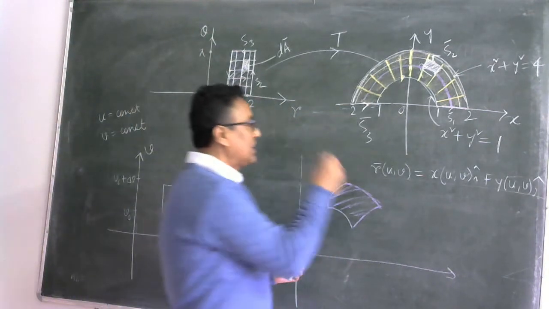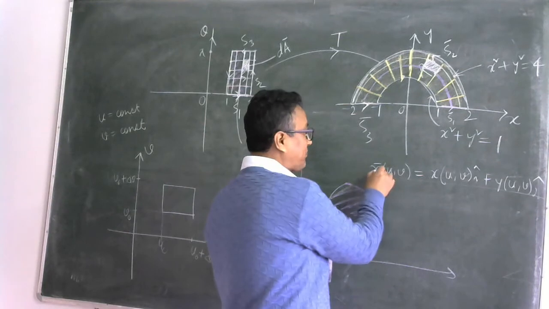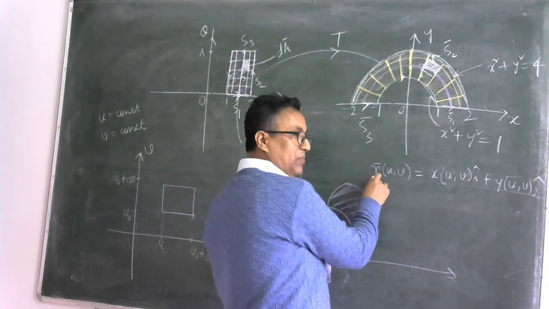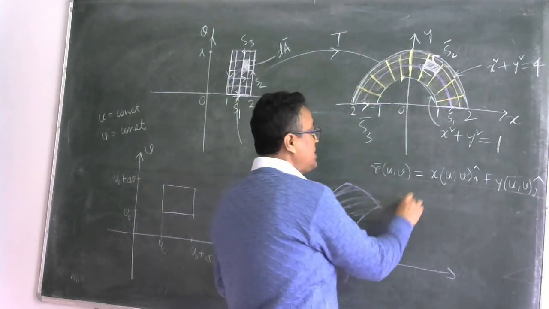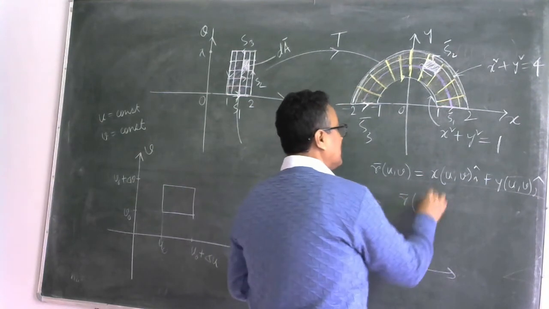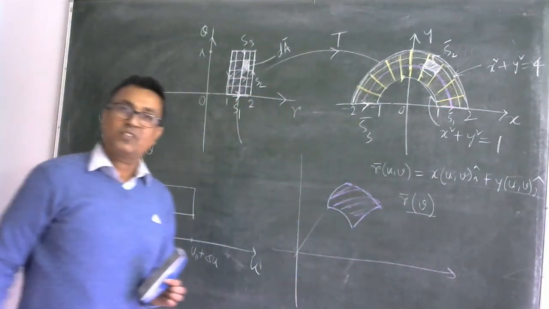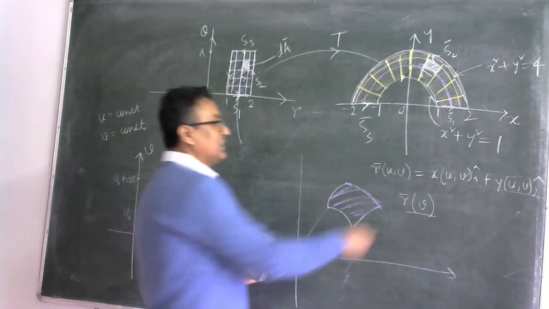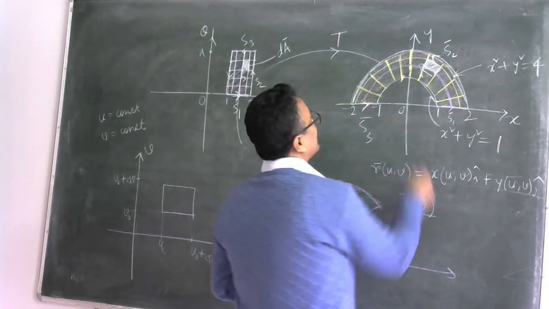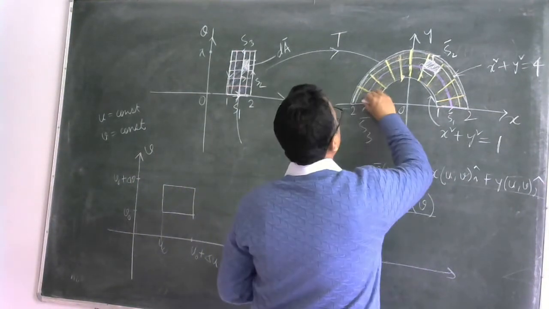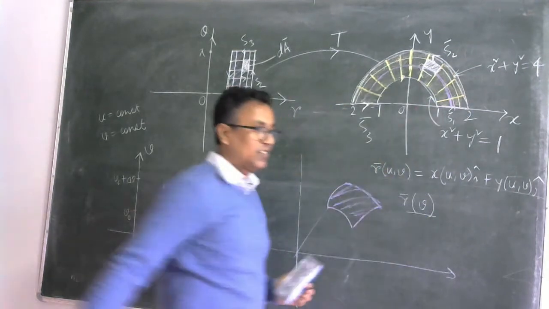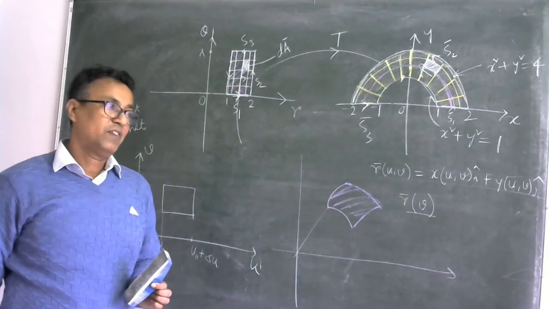So that means I am able to parameterize this vector in terms of a single parameter, okay? And that one is going to generate some curve like this in the xy plane, right?